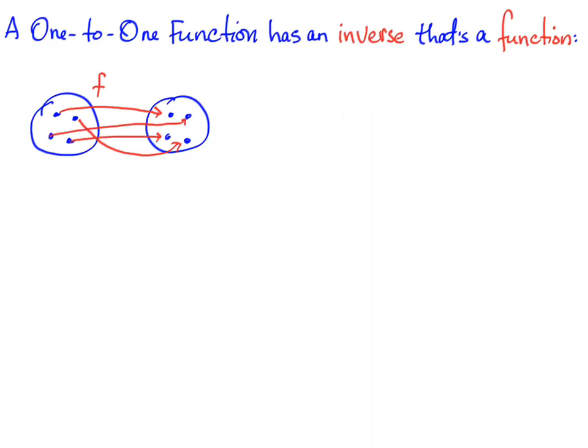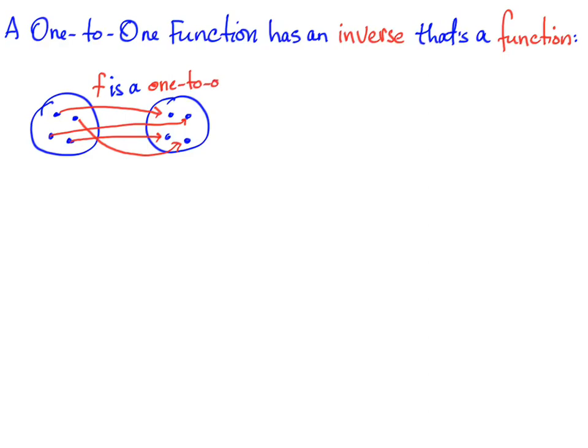In this picture, each dot on the left in the domain has exactly one arrow going out of it, and each dot on the right has exactly one arrow coming into it. Because each x-coordinate, each input on the left, has exactly one arrow coming out of it, that makes it a function.